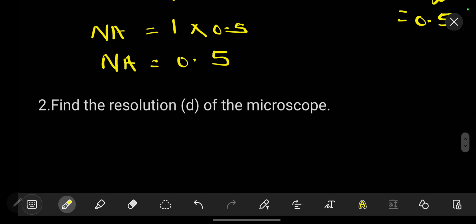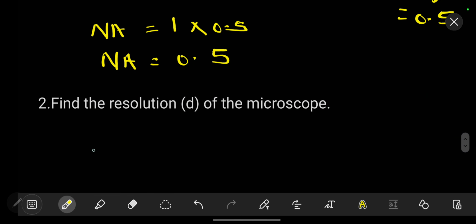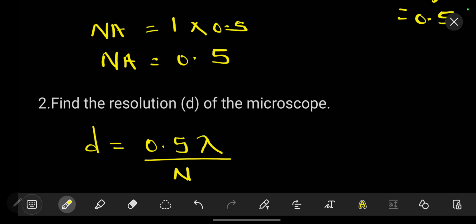So we have found our numerical aperture. Let's find our resolution using D equal to 0.5 wavelength over the numerical aperture.